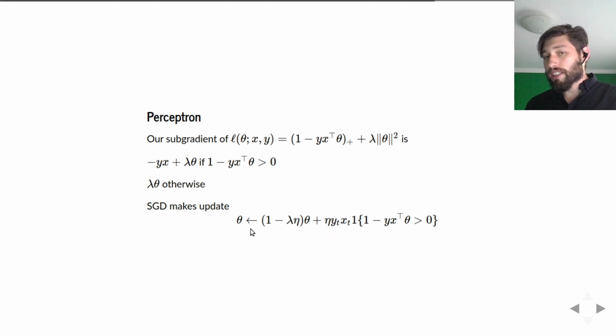The way to think about this is that we're trying to align theta more and more with the x's that are 1, because we're just going to look at x transpose theta to determine whether we're going to predict a 1 or a minus 1. So we want theta to be aligned with the x's where there's 1s and misaligned with the x's where there's minus 1s. And that's what the SGD does intuitively.